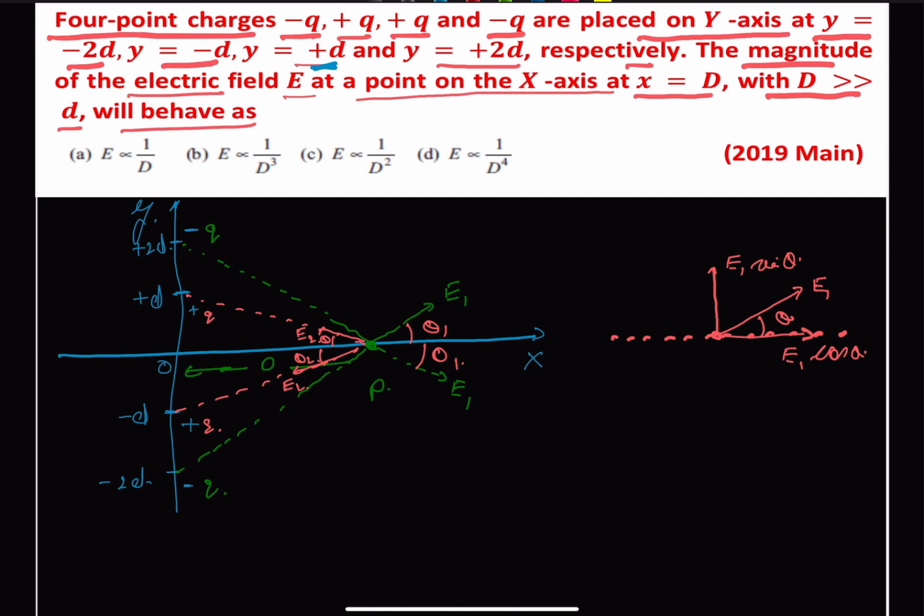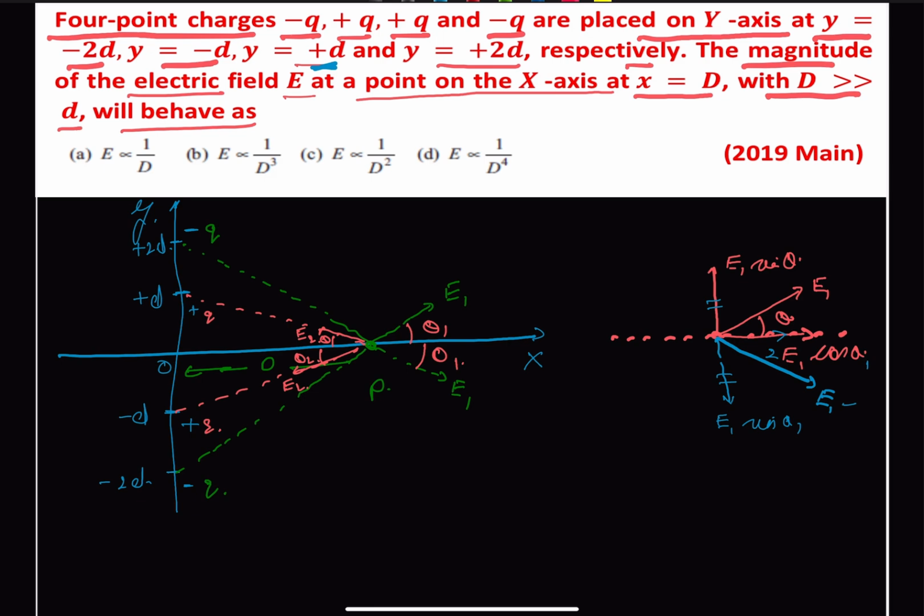Similarly, we can divide the other E1 along x-axis. It will be same, so we are going to get this as E1 cos theta 1, and because of the other E1, this will also be E1 cos theta 1, so we can write this as twice E1 cos theta 1. And on the y-axis it will be in downward direction, that will be our E1 sine theta 1, and these two are going to balance out each other. So for E1, the only electric field that is present is toward positive x-axis.